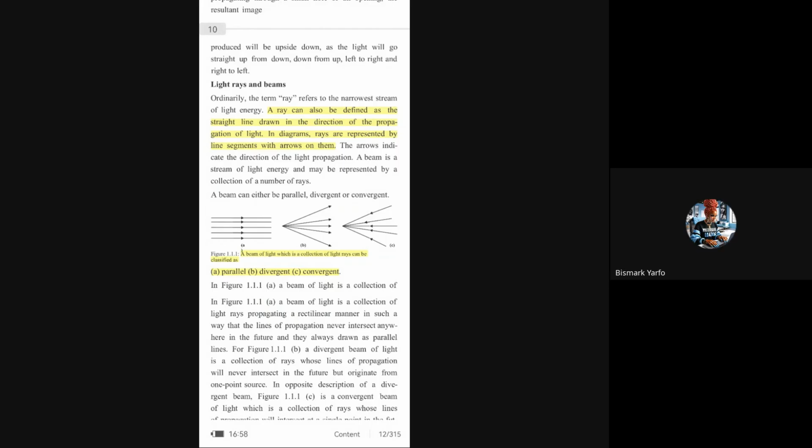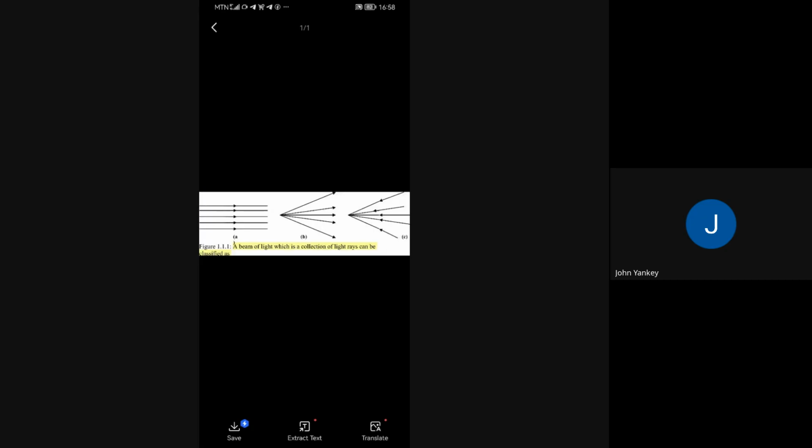Okay, so if the beam is parallel, like it passes through, let's say, a glass prism, and if the prism directs all the beam parallel, then we have a parallel beam.